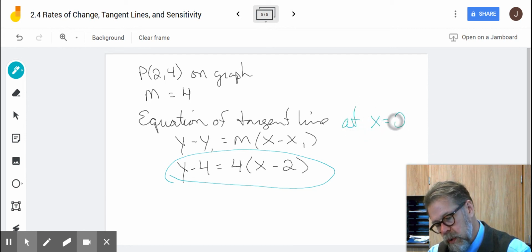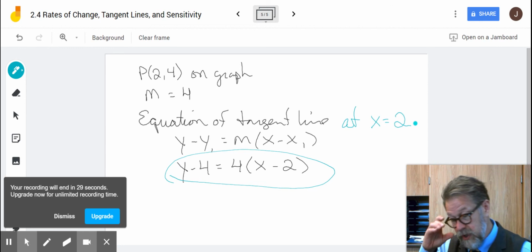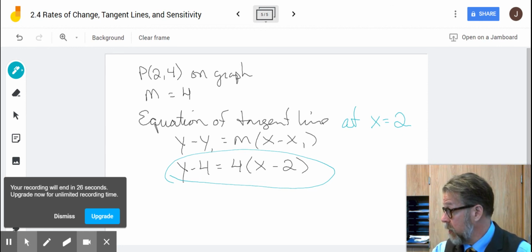Excuse me, that's the equation of the tangent line at x equals 2.